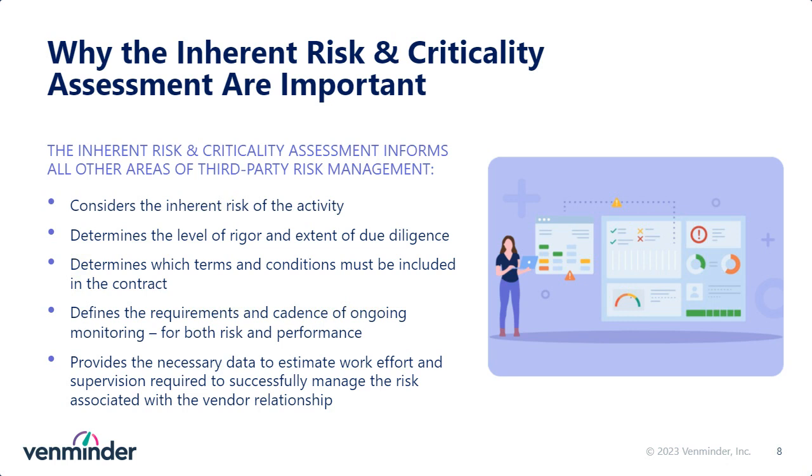They're going to help us understand which terms and conditions we have to put in the contract. They're going to help us understand the requirements and frequency of things like ongoing monitoring, both for risk monitoring and performance monitoring. And they're going to give us the necessary data so that we can understand just how much work, effort, and supervision it's going to take to manage this vendor relationship.